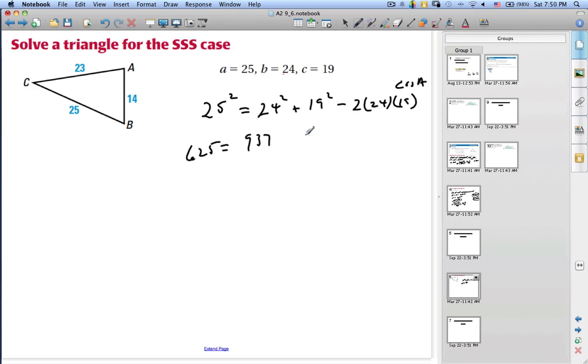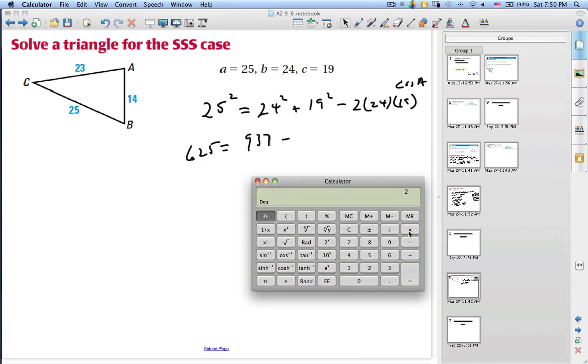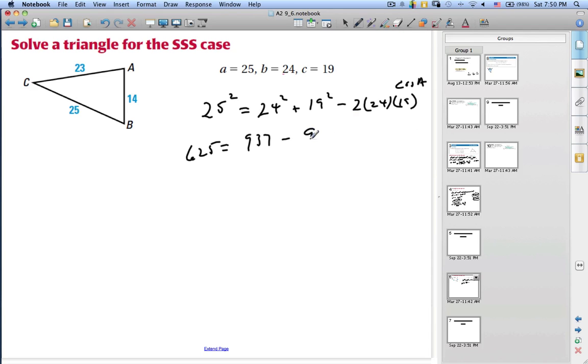Okay, and now I've got minus 2 times 24 times 19. Let's go ahead and do that. 2 times 24 times 19 equals 912. 912 times the cosine of A.